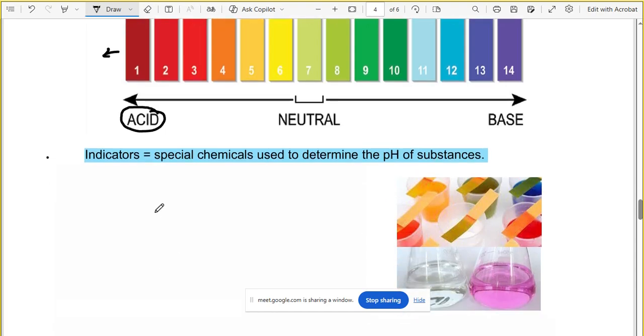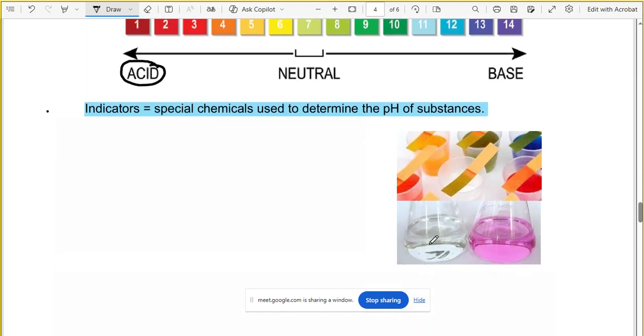So if you can see this picture here, let's do an example looking at the picture. Let's take a litmus paper. Not any paper, but when we use this paper, that's when we can understand the pH of a substance.